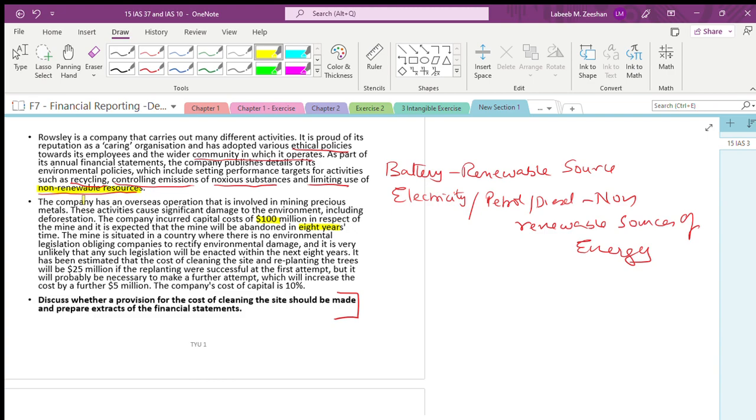Whenever you are talking in terms of mining, what happens? Mining is nothing but extracting gold, extracting oil, extracting stones, limestones. Mining is also in terms of sand. All these things are related, very simply, to the environment.